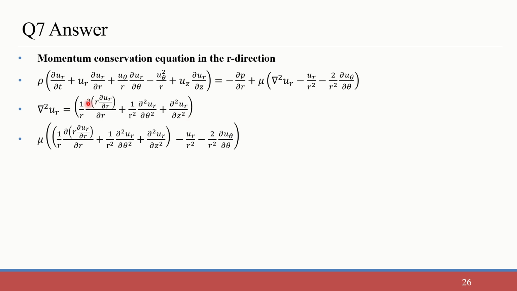So here the whole viscous term is mu into this particular term, that is 1 by r into ∂/∂r of r into ∂u_r/∂r plus 1 by r square ∂²u_r/∂theta² plus ∂²u_r/∂z² minus u_r by r square minus 2 by r square into ∂u_theta/∂theta. So these are the viscous terms in the equation.